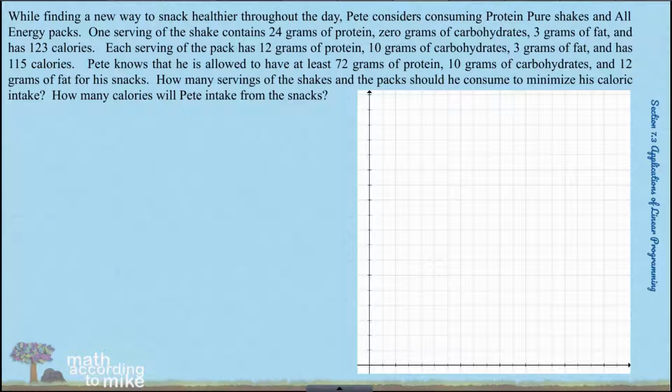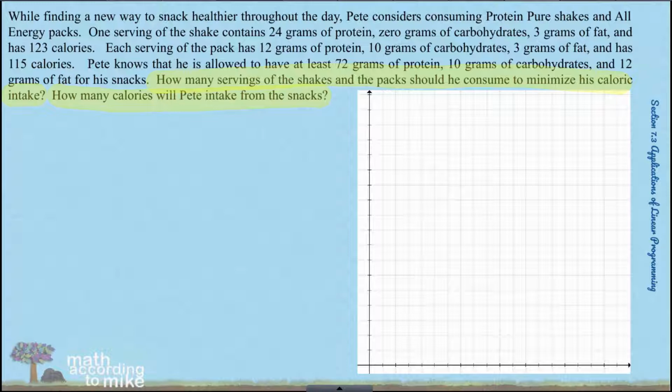So notice it says that we need to determine how many servings of the shakes and the packs he should consume, and we're going to try to minimize his caloric intake. And then also, how many calories will he take in?